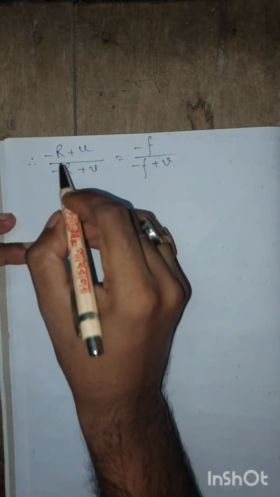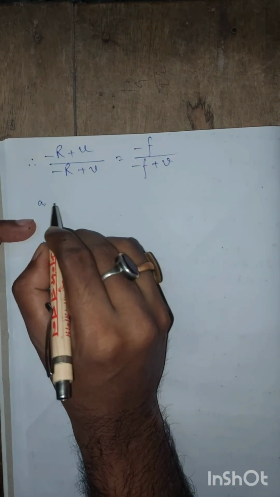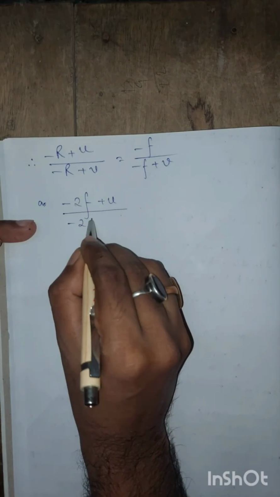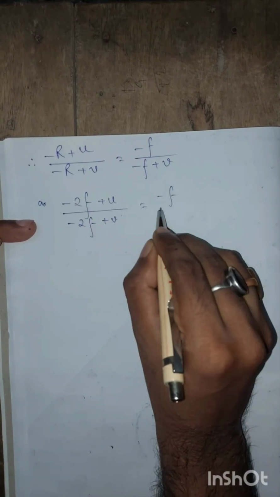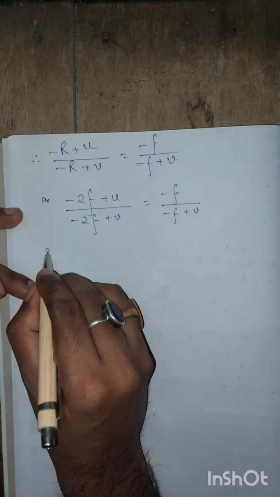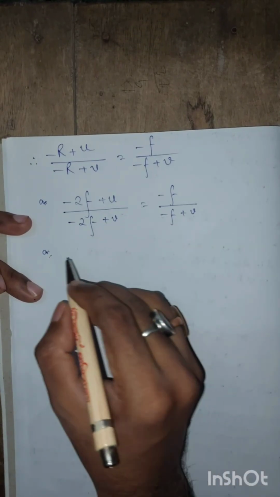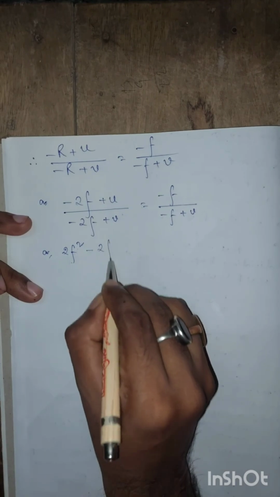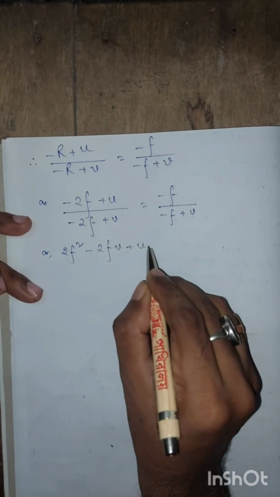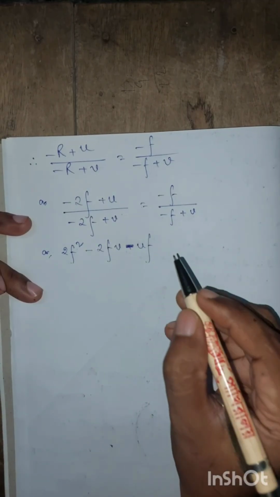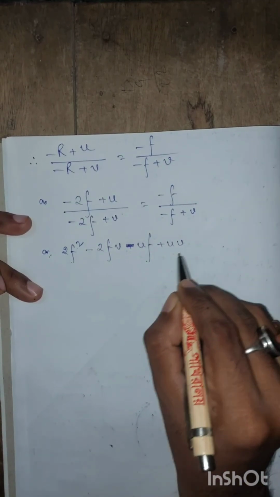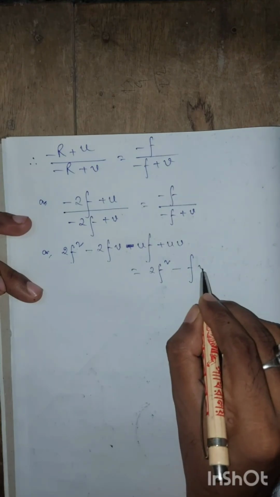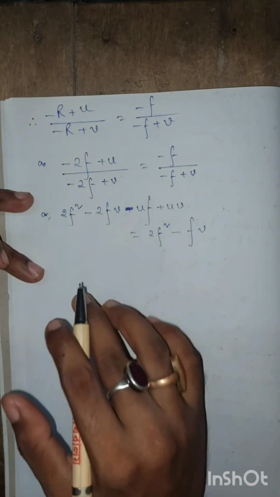Now let us write R in terms of f. So by cross multiplying we get this.